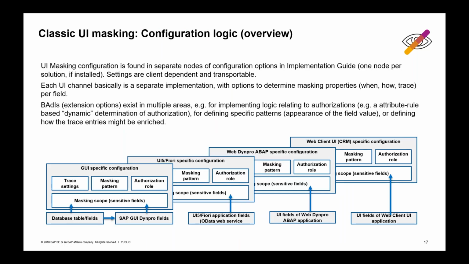Now, when we think about the classic UI masking solutions as a configuration overview, basically these were four mostly disjunct solutions. Technically, they are very different. So the way how field values or fields can be configured for protection is very different. The overarching thing that we had in common was that in the configuration main screen, you would enter a specific role.